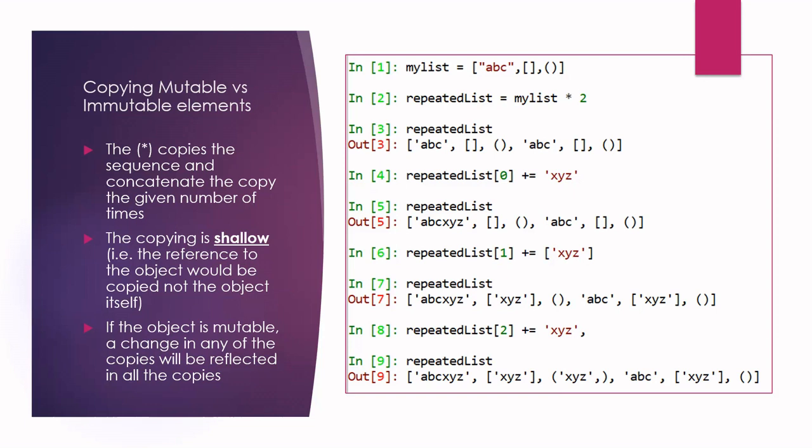Okay, so let's see, we have this list. We have a variable called my list. Remember this assignment has three steps. There is a variable called my list, and then there's the list object itself, right? So somewhere in the memory there is a list object, let's say at address 1, 2, 3.